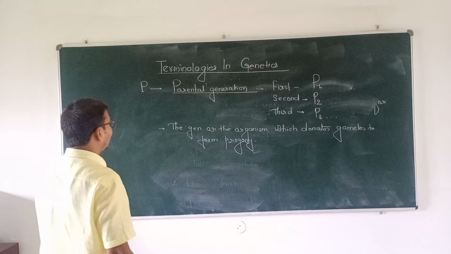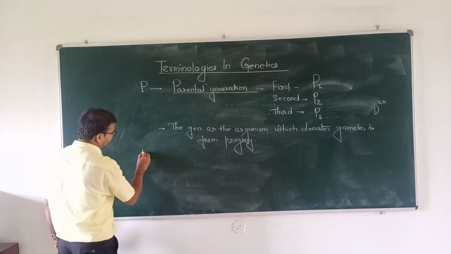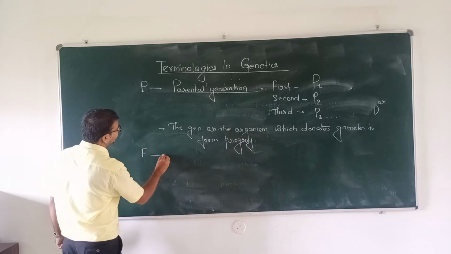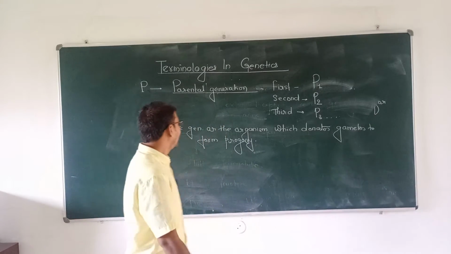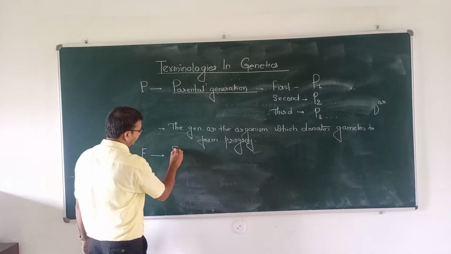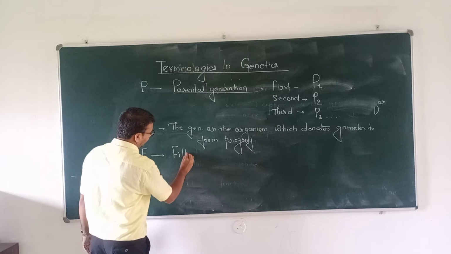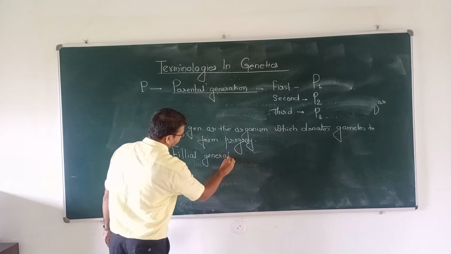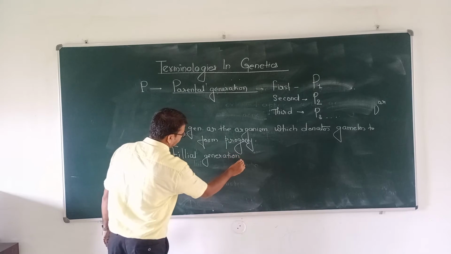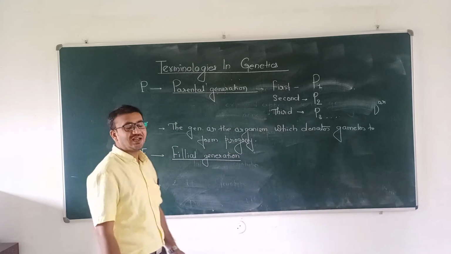Then another similar letter or symbol that we use is F. F is used for the filial generation, or the generation of progeny.